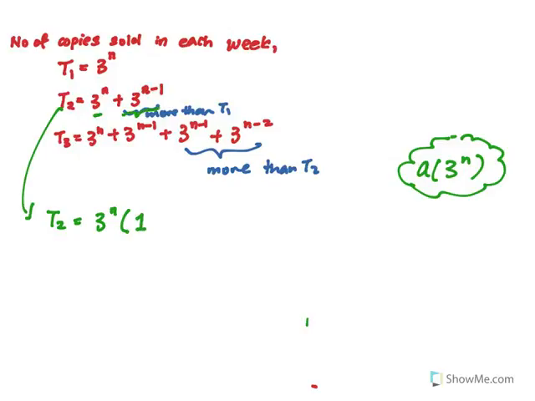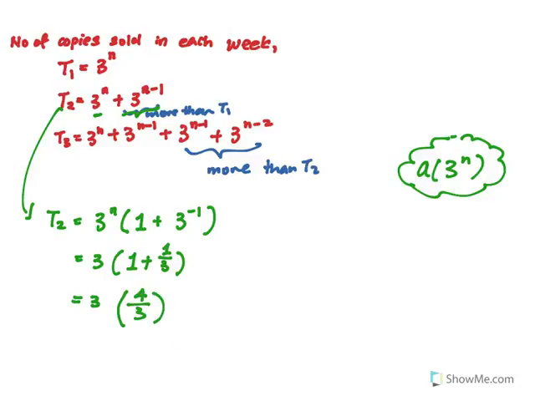For this term, if I factorize out 3 to the power of n, I'm just going to get 3 to the power of negative 1. And this is the same as 3 to the power of n times 1 plus 1 over 3, which is the same as 3 to the power of n times 4 over 3.